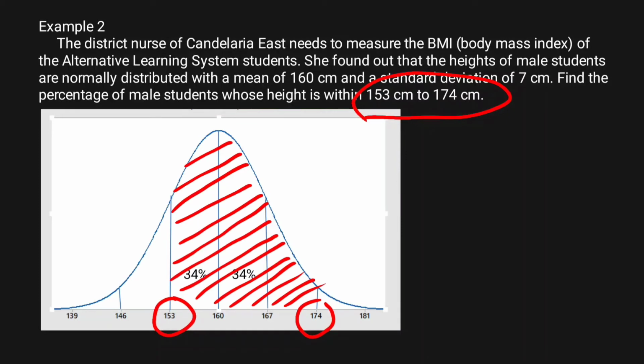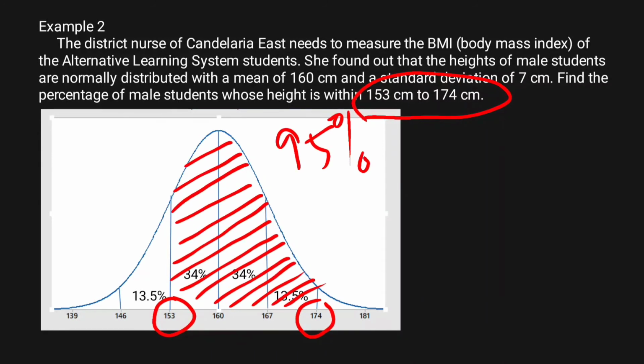So we have, ayan, 34% yung nasa gitna, di ba? 1 standard deviation from the mean is 68%. Or hinati sa dalawa, naging tig 34%. Then, yung sumunod, 13.5 and then 13.5 din. Dahil 2 standard deviation from the mean ay 95%.